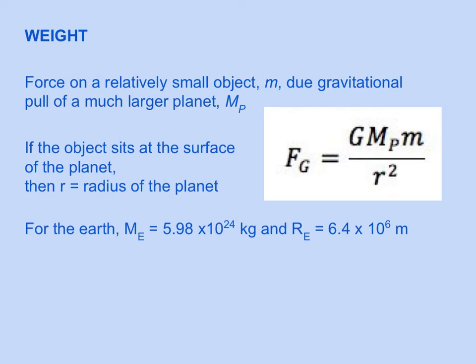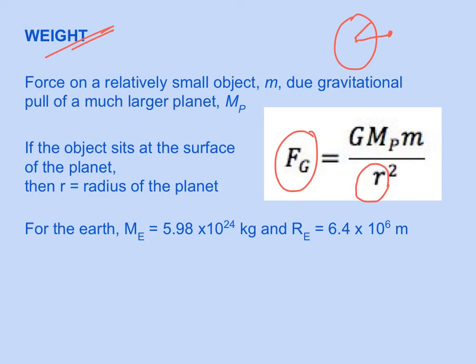That astronaut's weight is technically a little bit smaller, because weight would be found using this gravitational force, but because they're not on the surface of the Earth anymore, this distance between the center and the object is now a little bit different. It's not equal to just the radius of the Earth. And so as that distance increases, the gravitational force decreases, and so your weight is a little bit smaller as you go further away from the Earth.